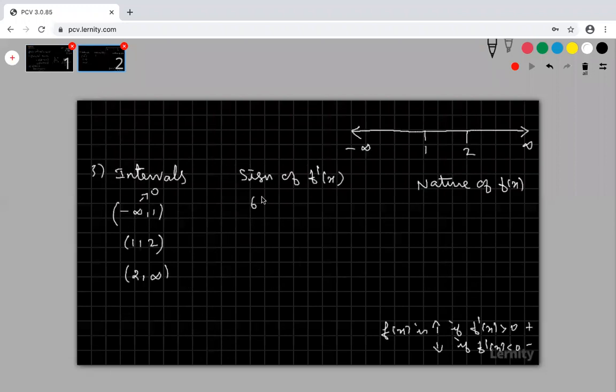So I am getting 6 into minus 1 into minus 2, some positive value, since minus into minus is plus. So my f dash of x is positive. What is my theorem? My f of x is increasing if f dash of x is positive. Yes, my f dash of x is positive, so my f of x is strictly increasing.